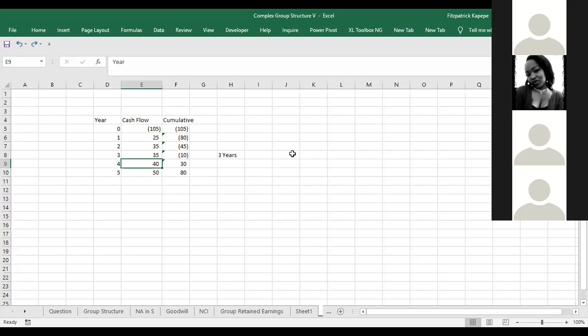But all we are actually saying is that if you have 40, these are your cash flows, and you assume that it will be evenly distributed. This will be your 12 months this side. But all you need is just 10.